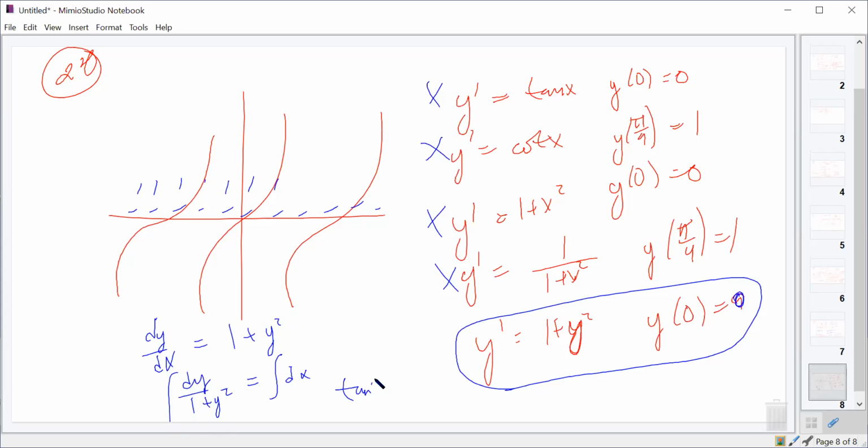That's the inverse tangent of y. The derivative of inverse tangent is 1 over 1 plus that function squared. Equals x. And if we want to solve that for y, what do we do to both sides? Take the tangent of them, and we end up with y equals tangent x, which is exactly what that curve looks like. Does that make sense to everybody?